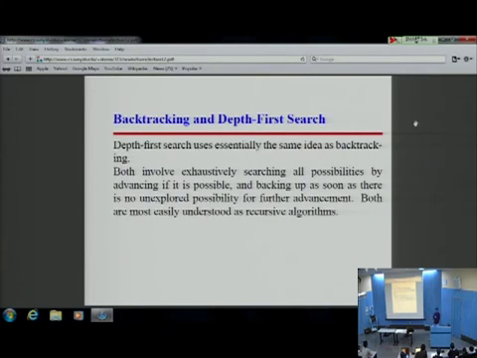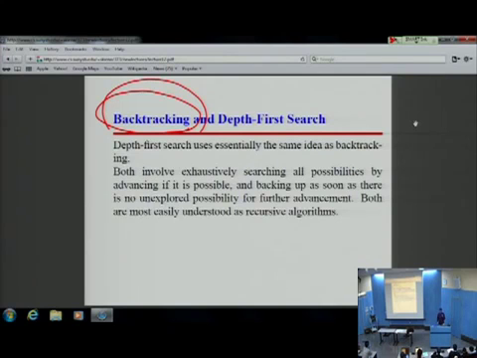A few weeks from now, we're going to talk about exhaustive search procedure, combinatorial search, something called backtracking, which is about exhaustively enumerating all possibilities, like, for example, finding all possible traveling salesman tours in a graph. That's something we're going to do via something called backtracking.